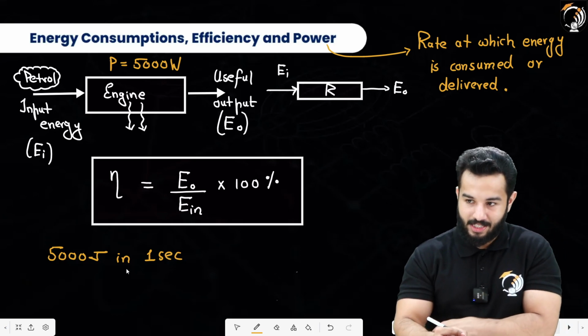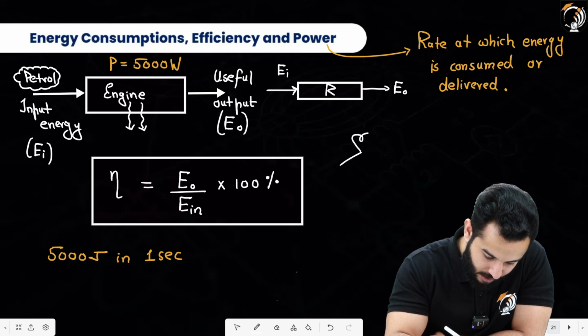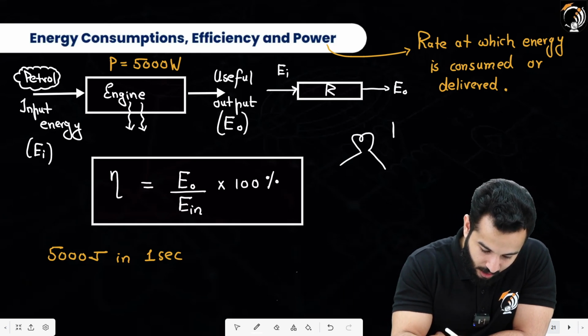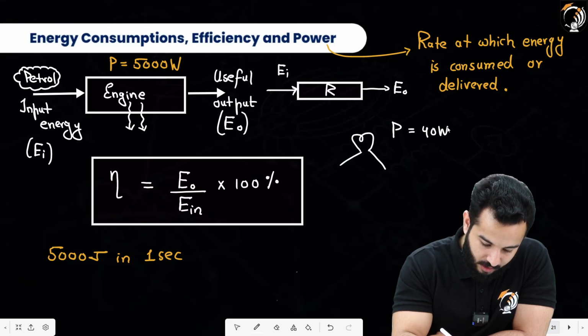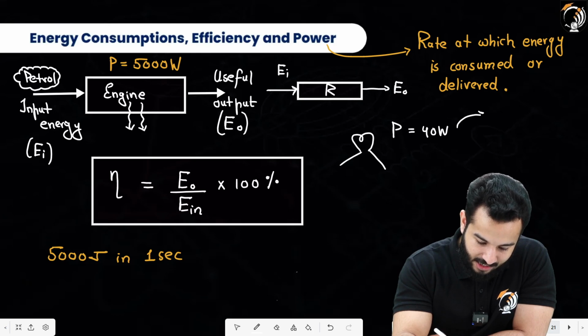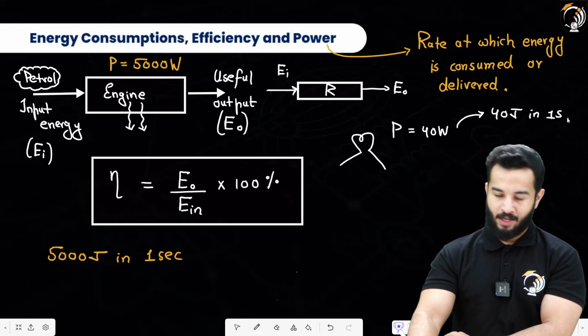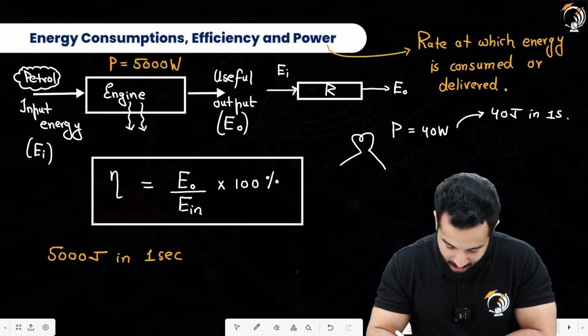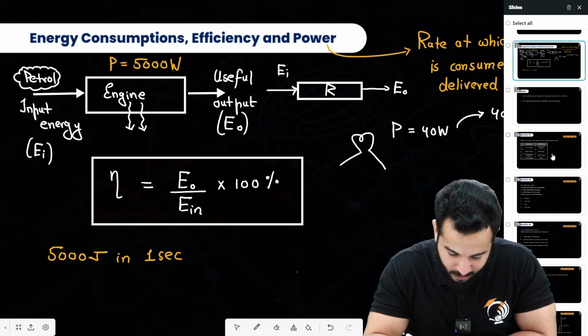Or in another example, let's suppose that we have an electric bulb, something like this, and it has a power of 40 watt. Again, this means that this consumes 40 joules of energy in 1 second, right? So now I think having said all of these things, we can move to some questions.